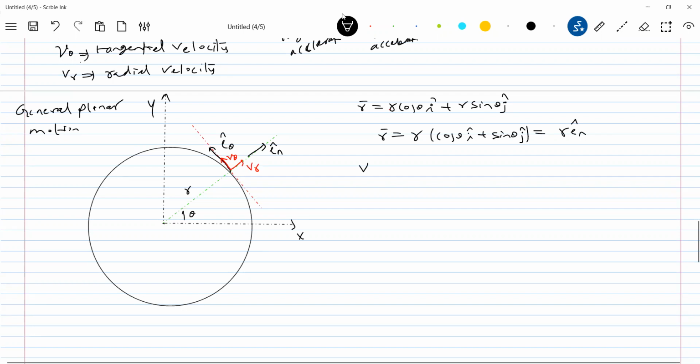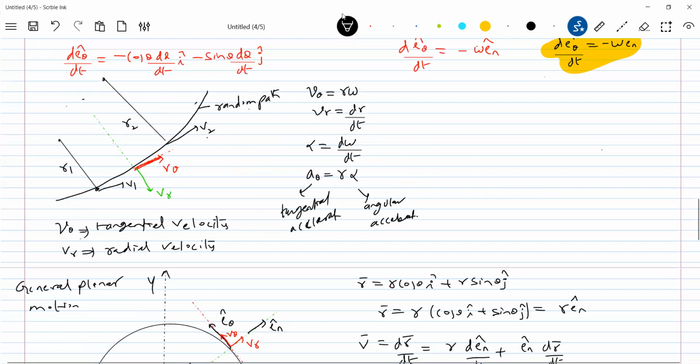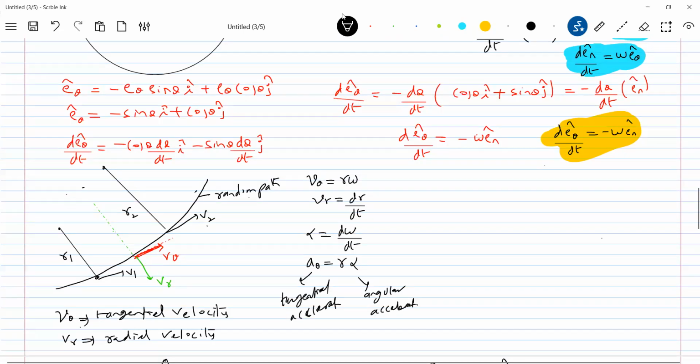V bar equals dr bar by dt. Let both R as well as theta be variable. So this will be R into de r cap by dt, e r cap, plus dr by dt. What is de r cap by dt? I told you, this will be omega e theta cap.